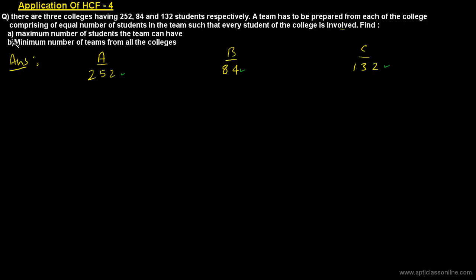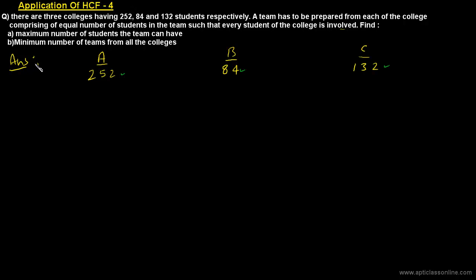So now look at the question. The question is the maximum number of students the team can have. That means from all the factors, we have to find the highest factor which is common to A, B and C. So at last, we have to basically find a common factor to A, B and C which is highest.